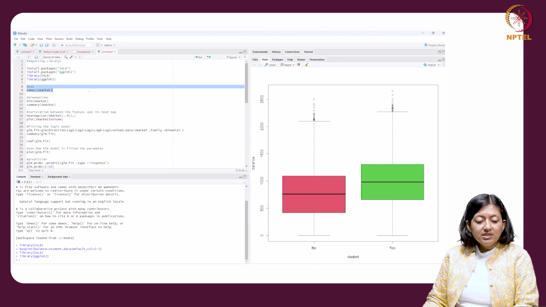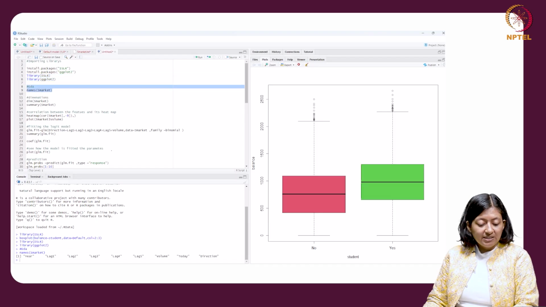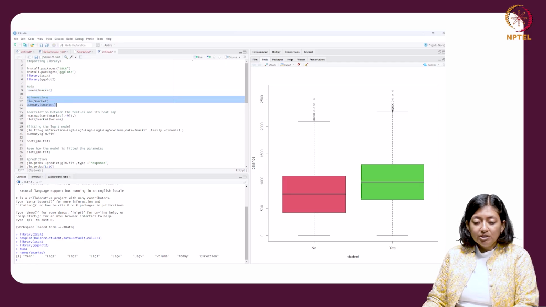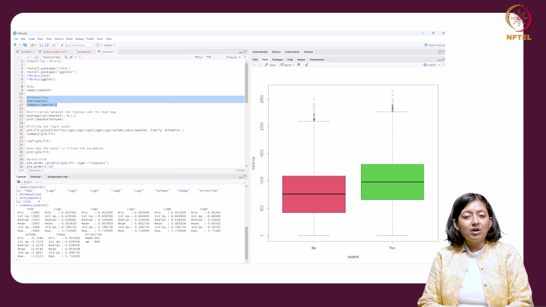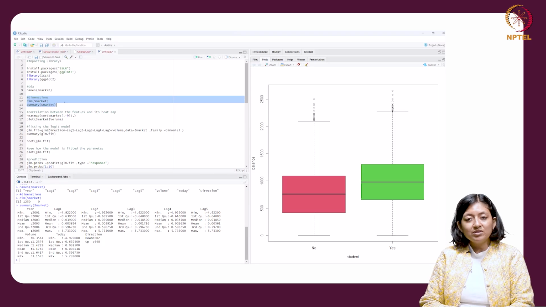Now this is for a simple exploratory data analysis. I just want to find out what are the different features that are in the stock market dataset. I want to see its dimension and the 5-point summary of the different features of the stock market dataset. Of course, we can look at more details about the stock market dataset by looking at its help file.